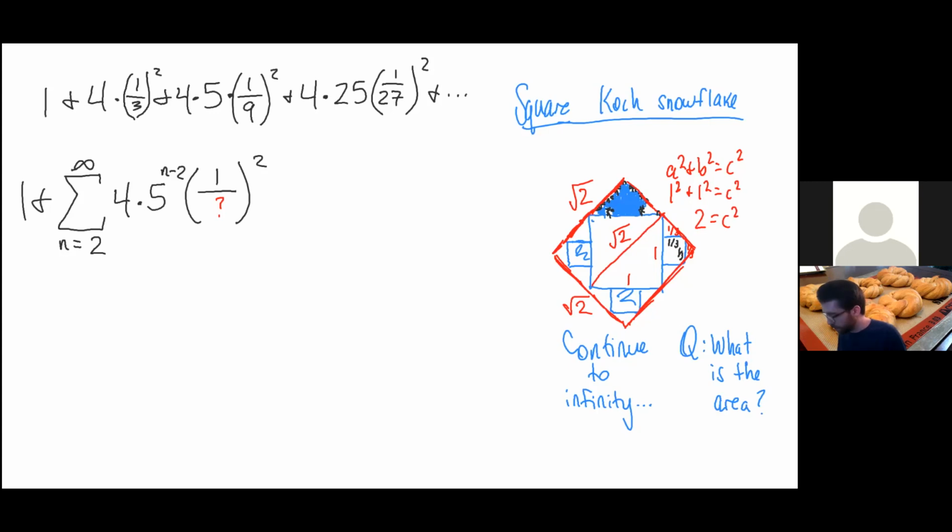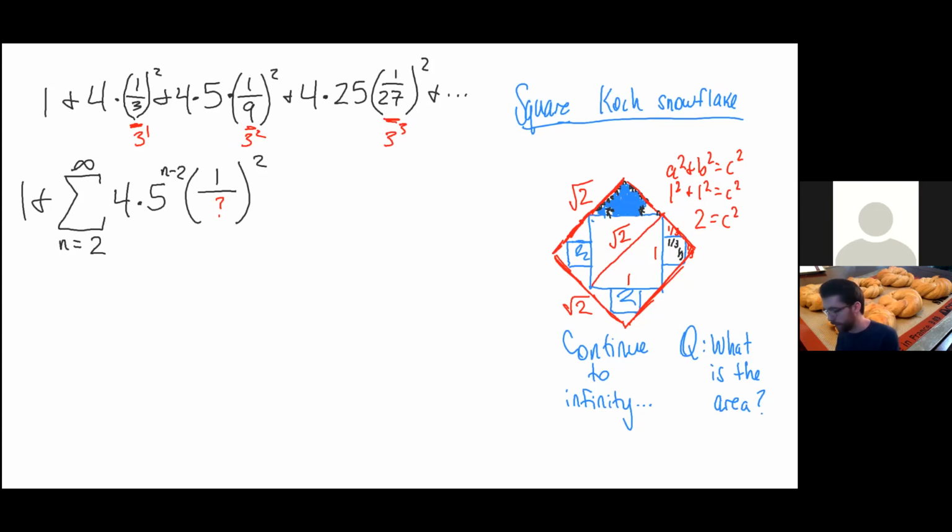And maybe then you start to see a pattern where this is 1/3, 1/9, 1/27 squared. And so they're all powers of 3, right? This is 3 to the 1. This is 1/3 squared. This is 1/3 cubed.